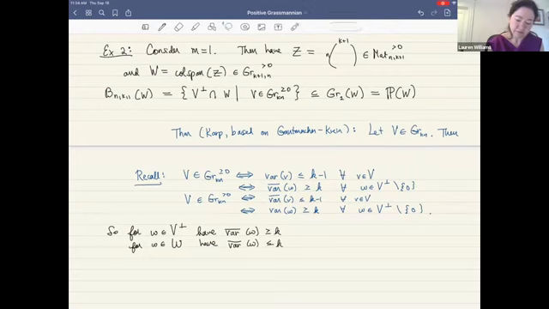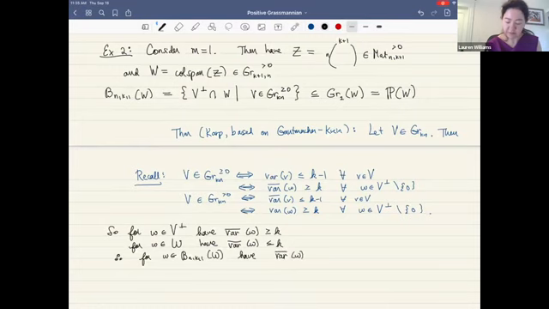And so if W lies in both V perp and W, which is the situation here, we have that var bar of W is exactly equal to k.